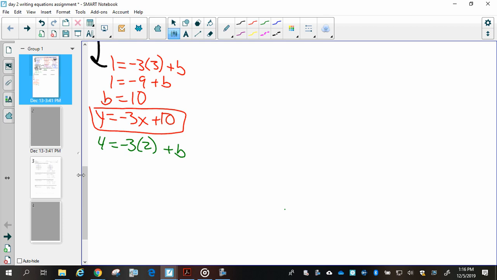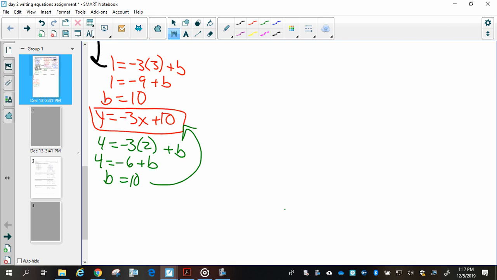Negative 3 times 2 is... what's negative 3 times 2? Negative 6. So if we add 6, b is still 10, so you would still get this equation.